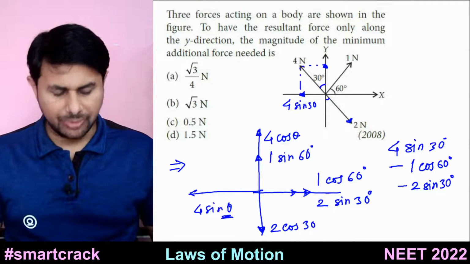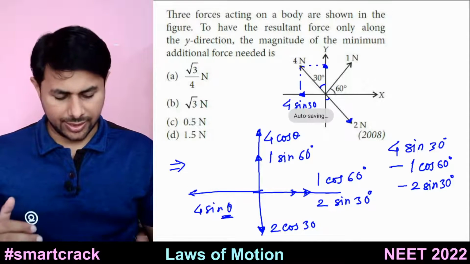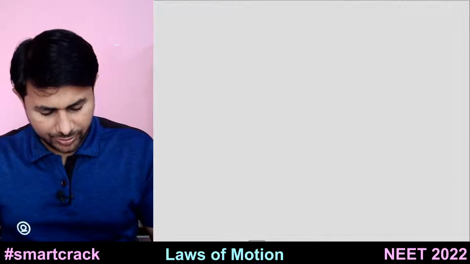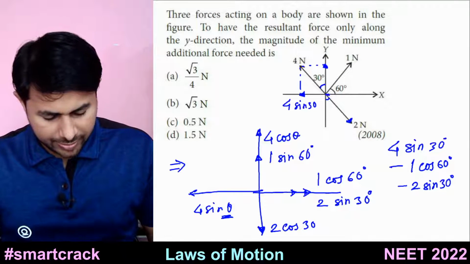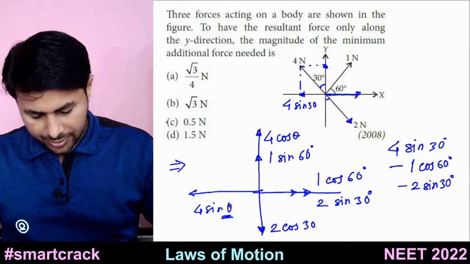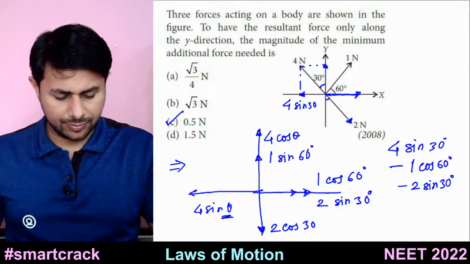So there is 0.5 newton force acting in the x direction, and we need to exert a force in the opposite direction. Because the resultant force is towards the left, the force to be applied must be towards the right. How much is that? 0.5 newtons. Okay, so this is the answer.